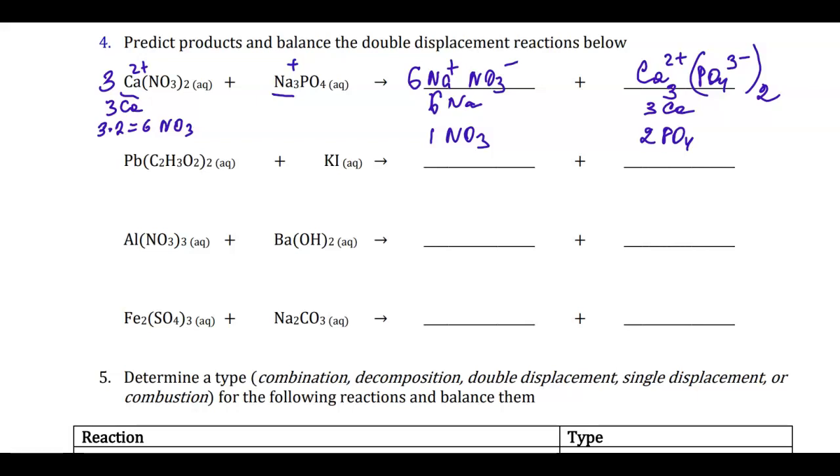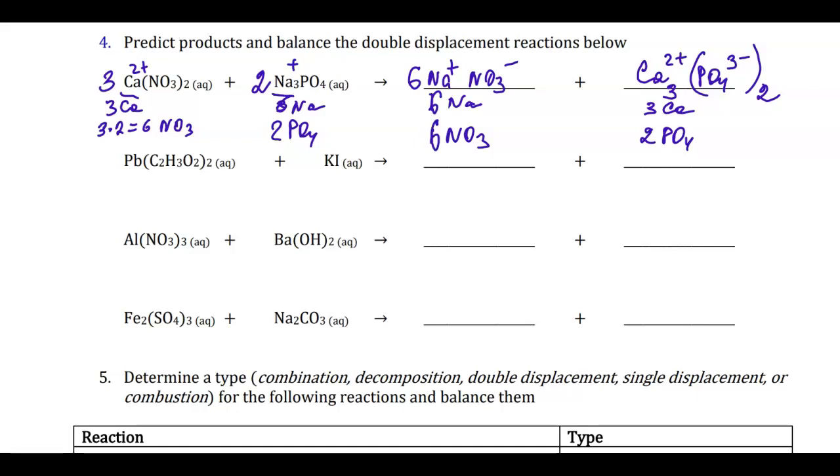And NO3 is balanced. But sodium is not balanced. Sodium here, 3 sodium here, and 1 PO4. And PO4 is not balanced, so we need 2 PO4. So 2 coefficient here gives us 6 sodium and 2 PO4, and 6 is here. I think it's balanced, so just recount all atoms.